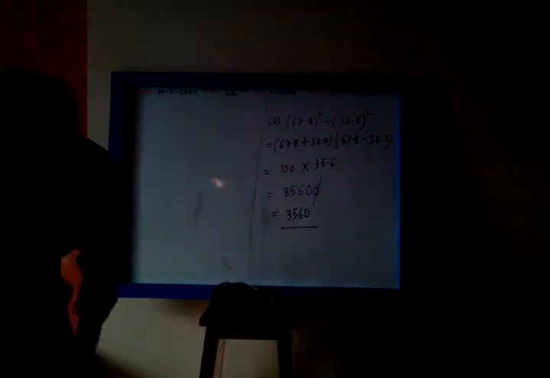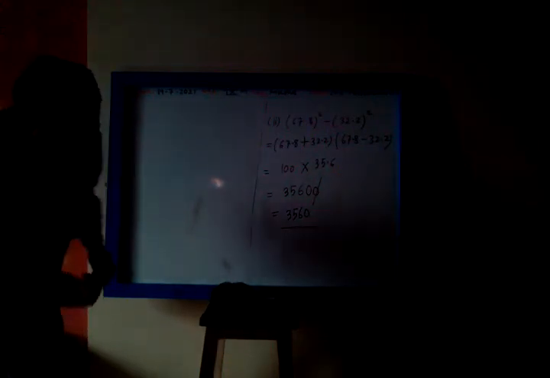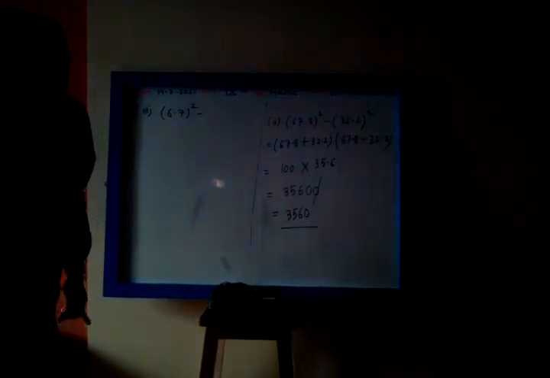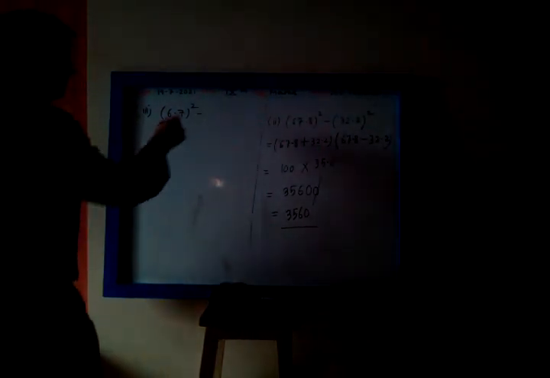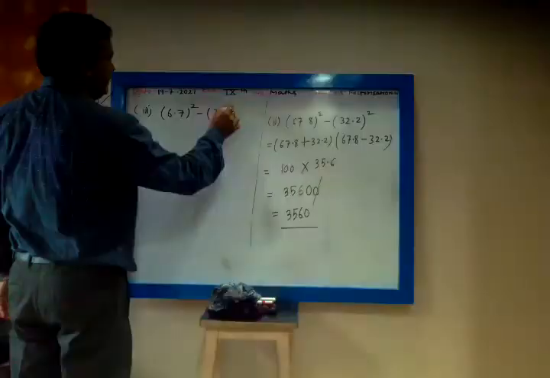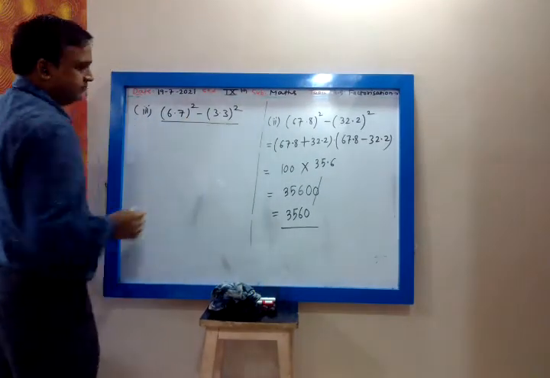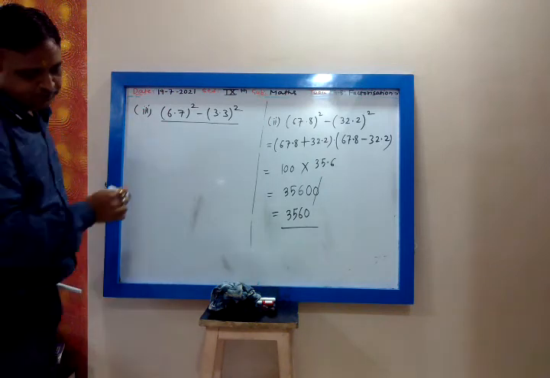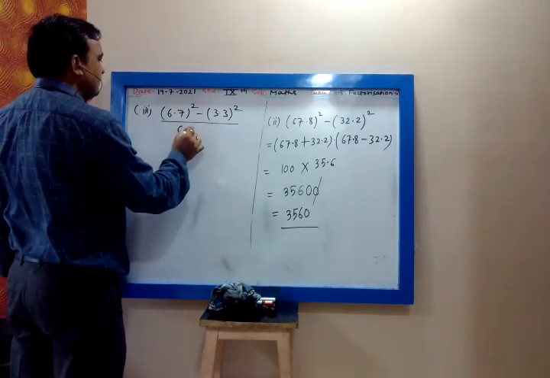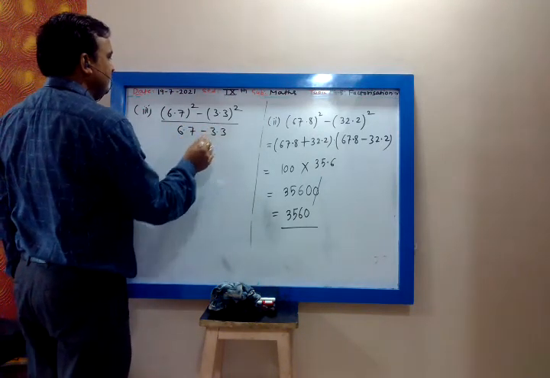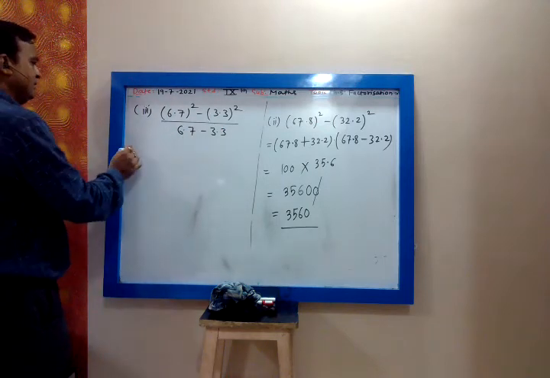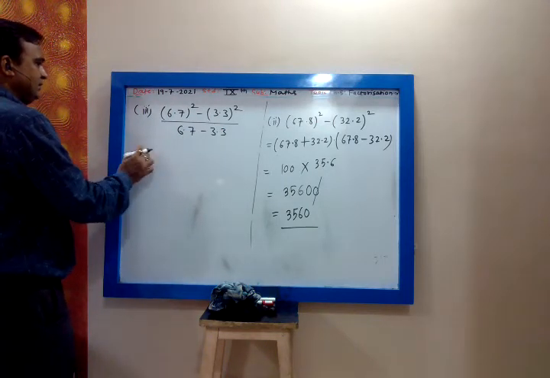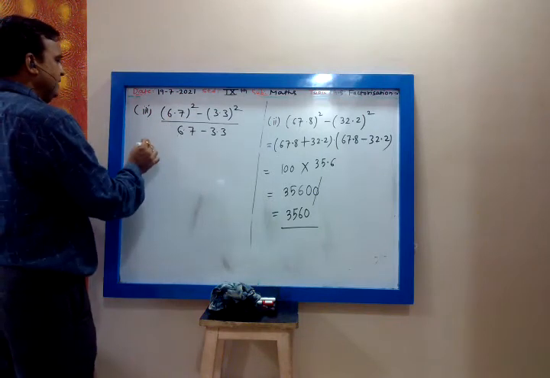Now, which problem? Third one. 6.7 square minus 3.3 square upon 6.7 minus 3.3. Identify the type. So in this you can write a square minus b square.